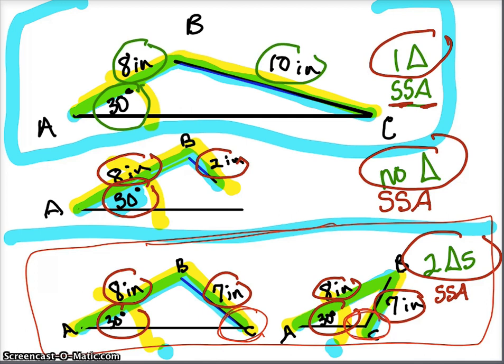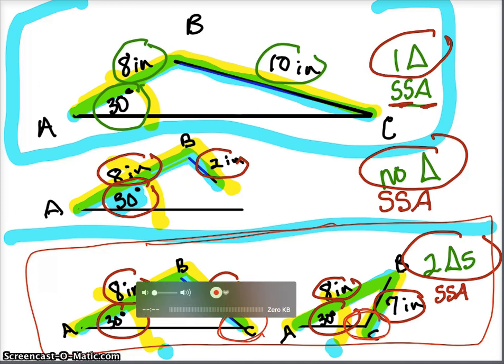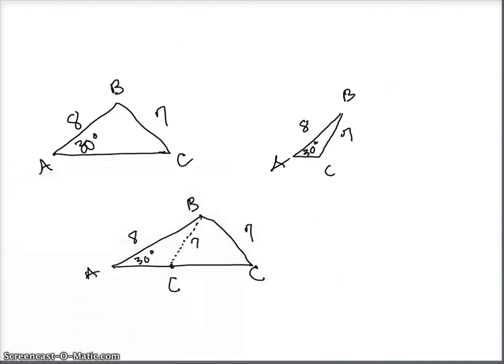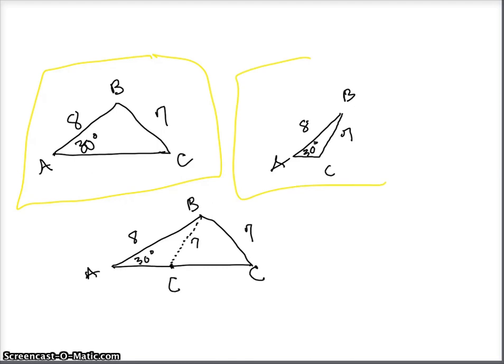Okay, so you're focused on angle C. I'm going to pause the screencast for just a moment so I can re-sketch those. Okay, so I've taken the two triangles where I asked you to look at the angles of C, and I have combined them into one sketch.